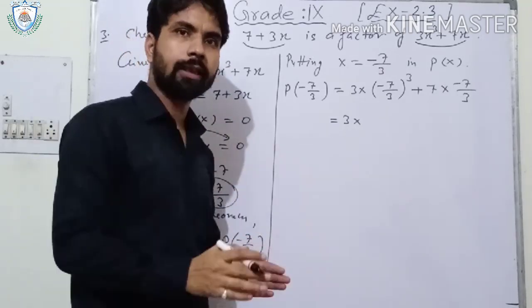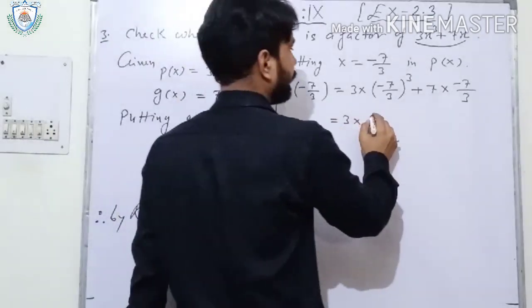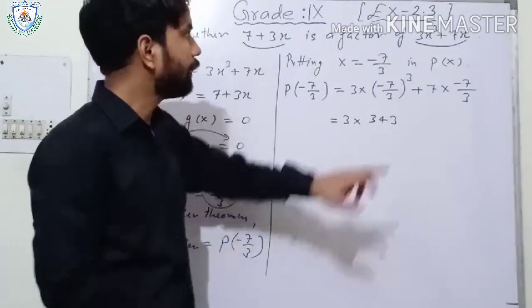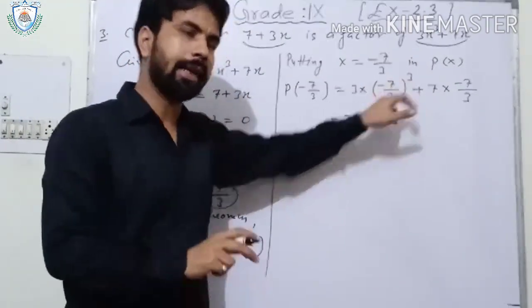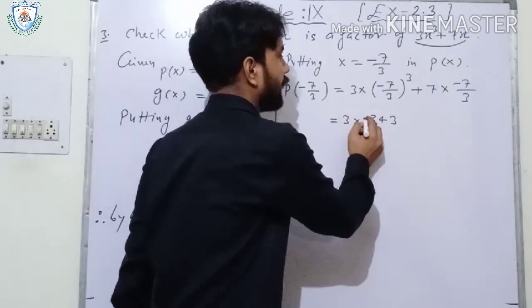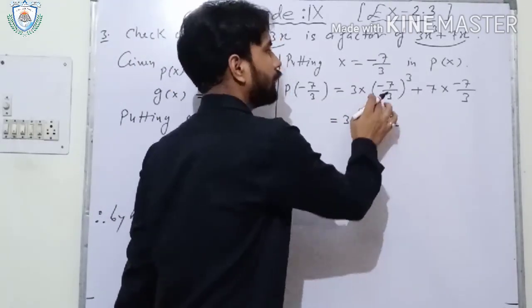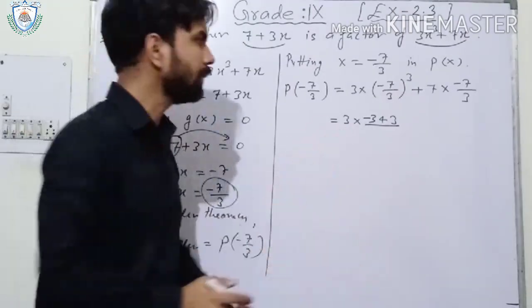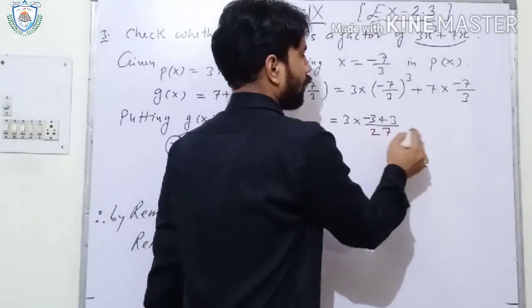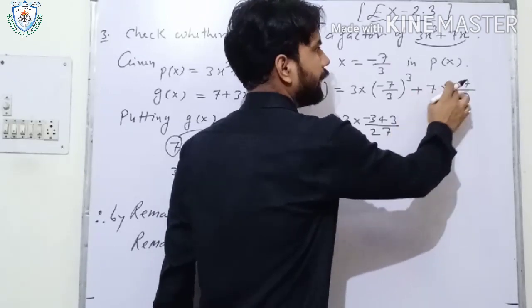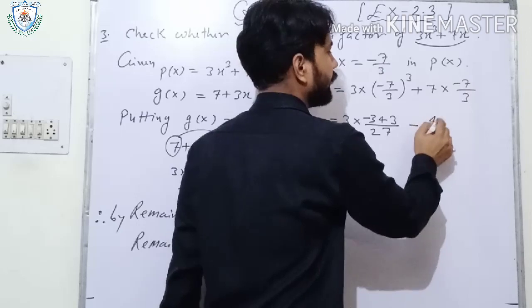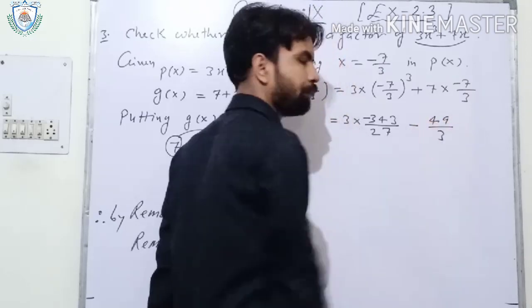So 7 sevens are 49, 49 sevens are 343. But the minus is here. I told you if the power is odd, then the result will be negative. So the answer is minus 343 upon 3 to the power 3, which is 3 into 3 into 3. So 3 threes are 9, 3 nines are 27. Or plus 7 into minus 7. So plus into minus is minus, 7 sevens are 49, upon 3.